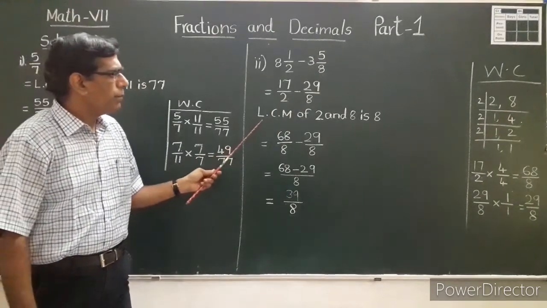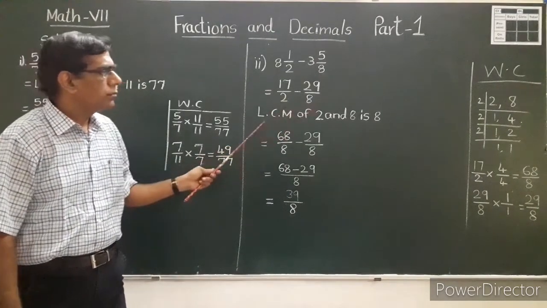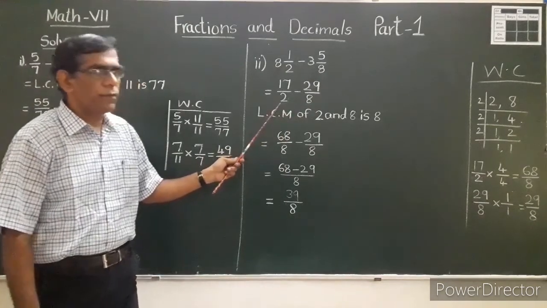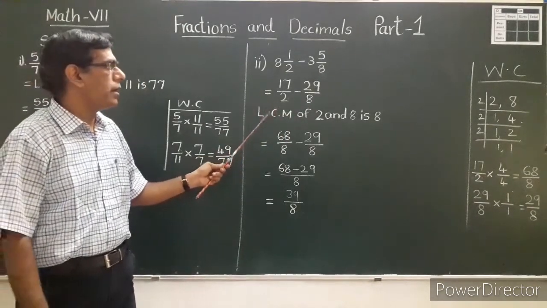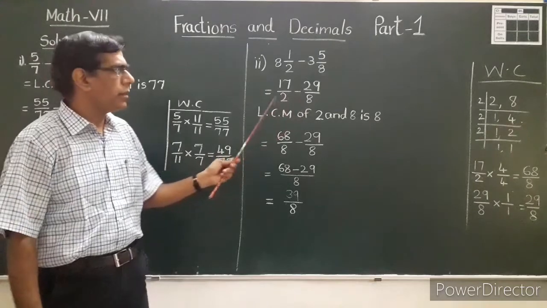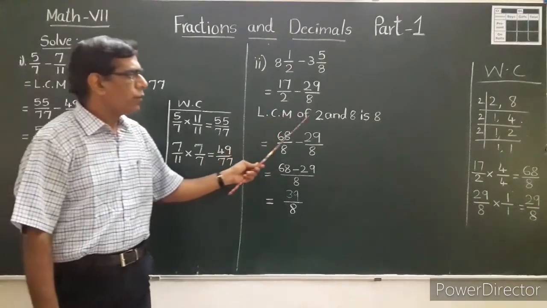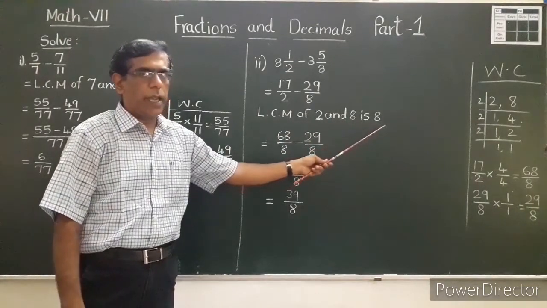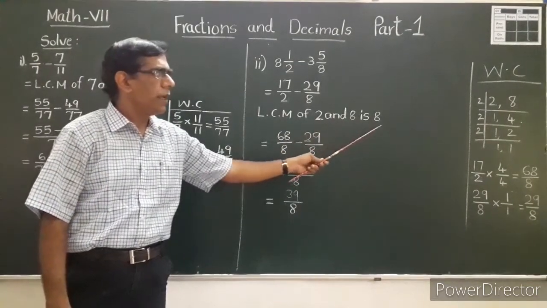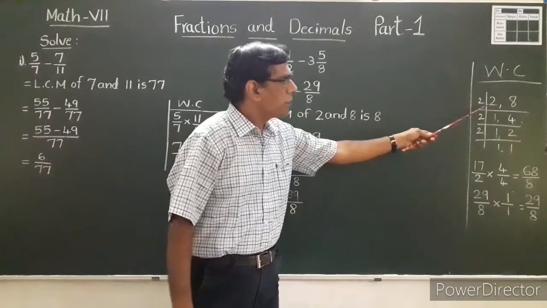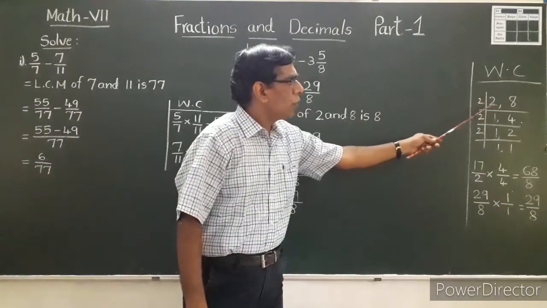In the next step, we take the LCM of the denominators. Here the denominators are 2 and 8. The LCM of 2 and 8 is 8. Here is how it becomes 8.